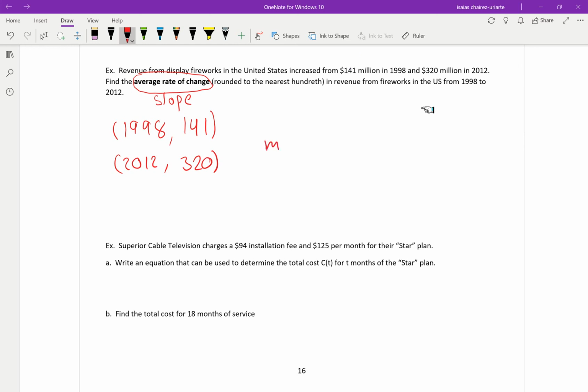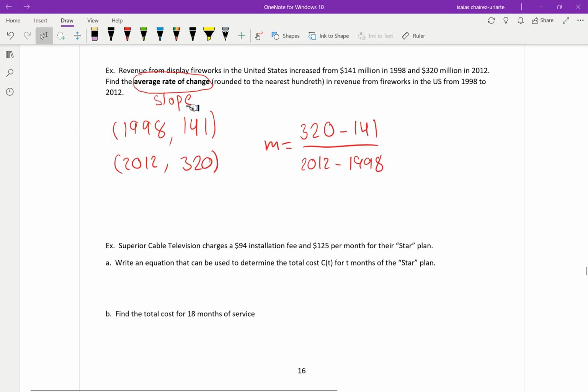And so then my slope is going to become, it doesn't matter how we do this, I'm going to say 320 minus 141 over 2012 minus 1998. Now, you could have said 141 minus 320 divided by 1998 minus 2012.